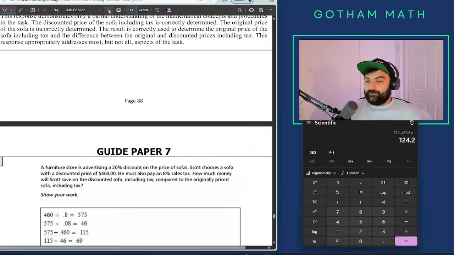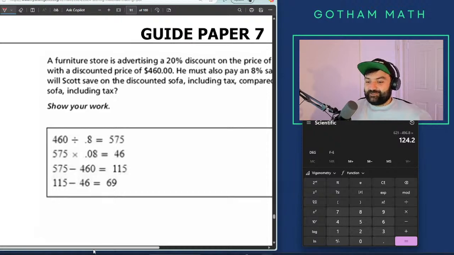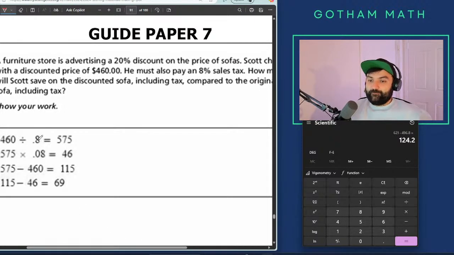All right. What is that? This is not enough stuff, that's for sure. Okay, so found divided by 0.8. Well, okay. That's how you do it technically. Then found 40, then found 8%. Then found the tax of the original price. Then what? 575 minus 460.